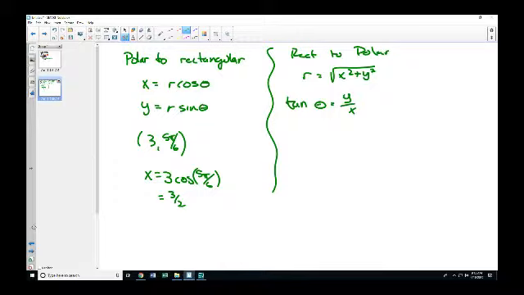Check me if I'm wrong. Five pi over 6 is 270? No, 150. I don't know why I said 270.